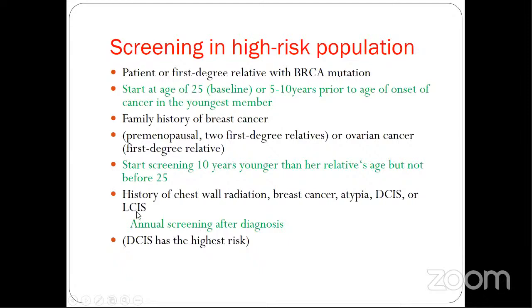If the patient had history of chest wall radiation, breast cancer, atypia, ductal carcinoma, or lobular carcinoma in situ, will do annual screening after diagnosis. So this is the high risk: positive family history, history of chest wall radiation, first degree relative with BRCA1 mutation.